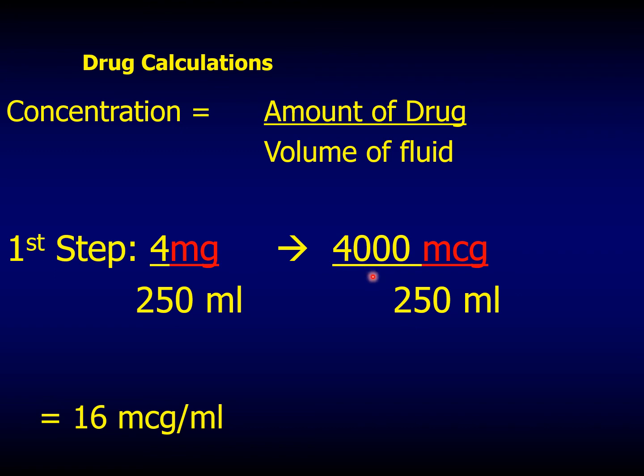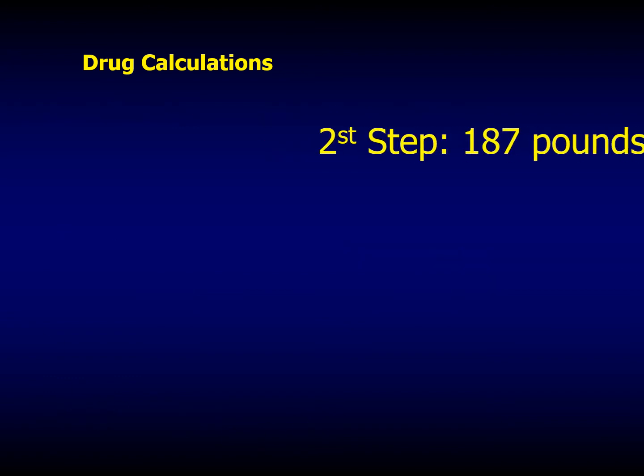So again, that's going to be useful because we would not wish to do an equation where our volume on hand is 250, our concentration on hand is 4,000. It's a lot of extra zeros. It's much easier to bring it down to what's in 1 single milliliter.